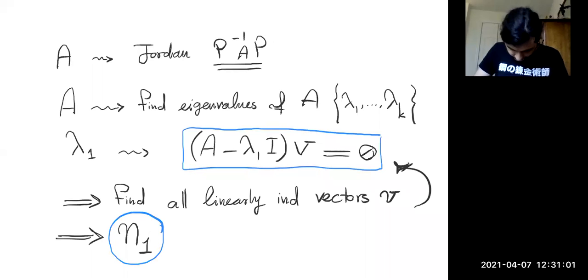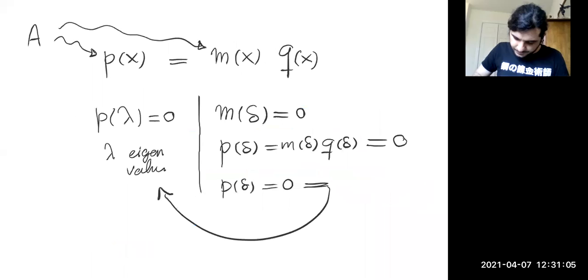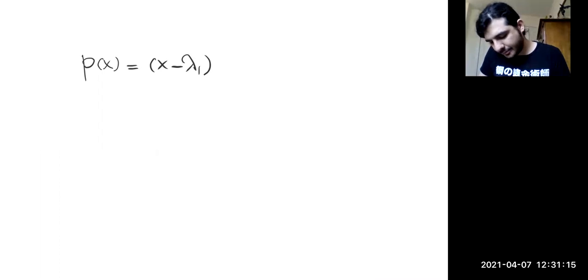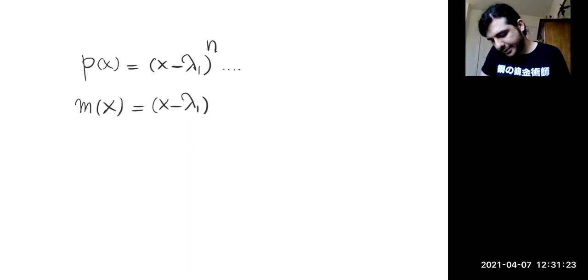So let's go to the next page. So I told you when we have the characteristic polynomial, it is of the form x minus lambda 1 to the power, say, n times some other things. And if I look at the minimal polynomial, it would be x minus lambda 1 to some other power, let's say m.